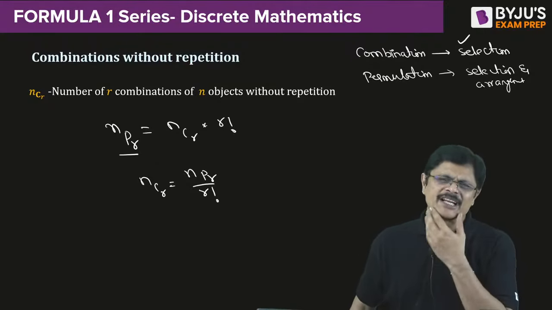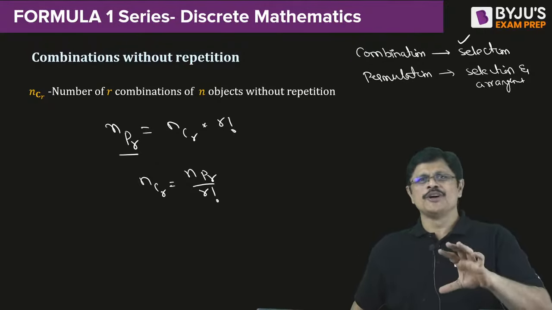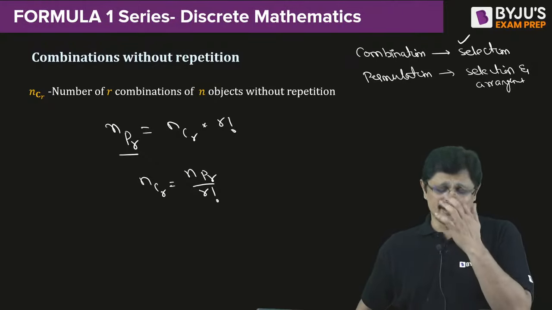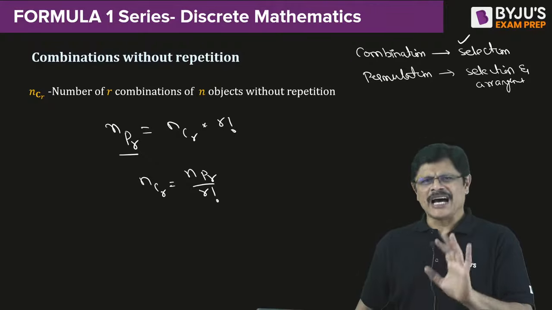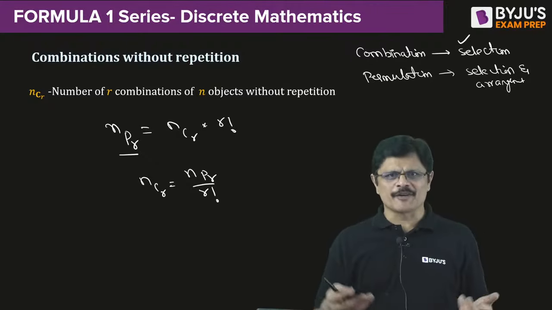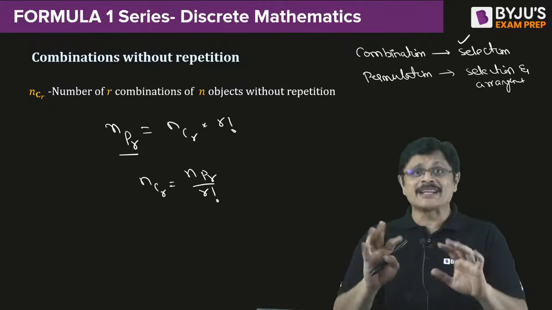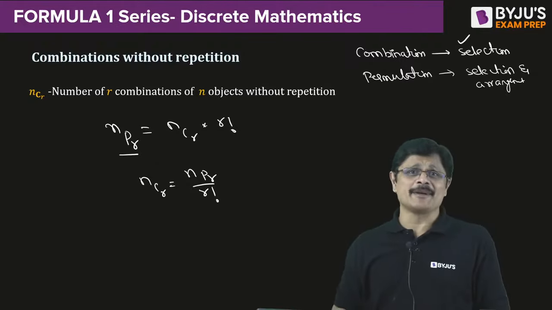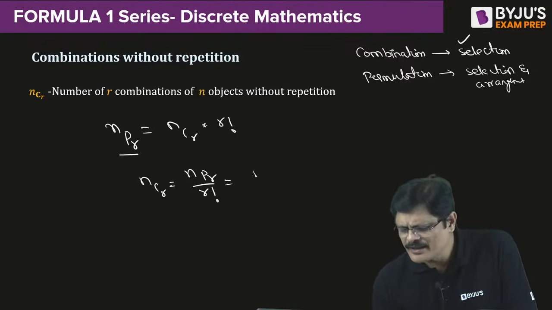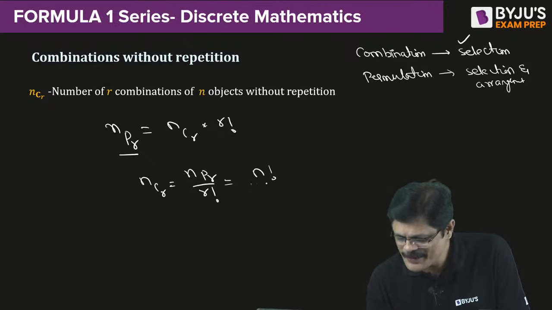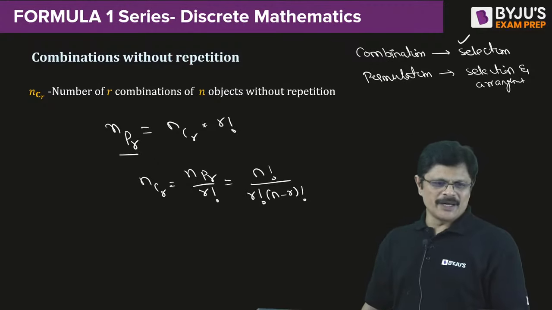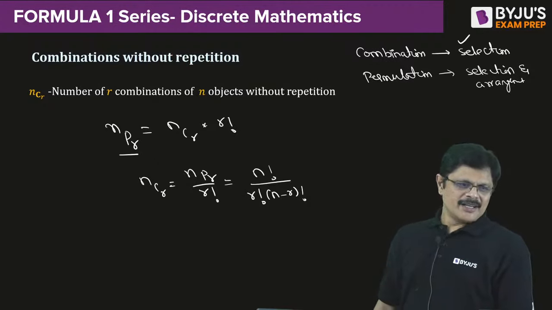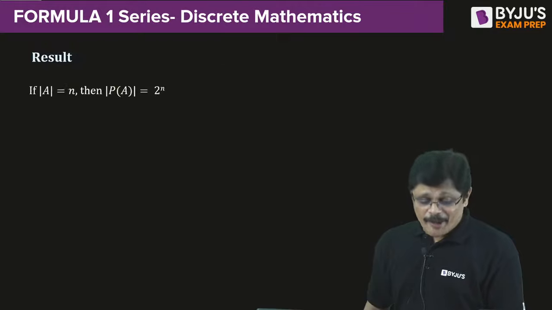For example, in graph theory, there may be some results based on mathematical induction procedures. Otherwise, mostly the results are straightforward, sir. You can even understand by looking at the result. That is the beauty of discrete mathematics, right? So come back to this: n factorial by r factorial into n minus r factorial. Super. Very good, sir. You people are recollecting formulas very quickly.